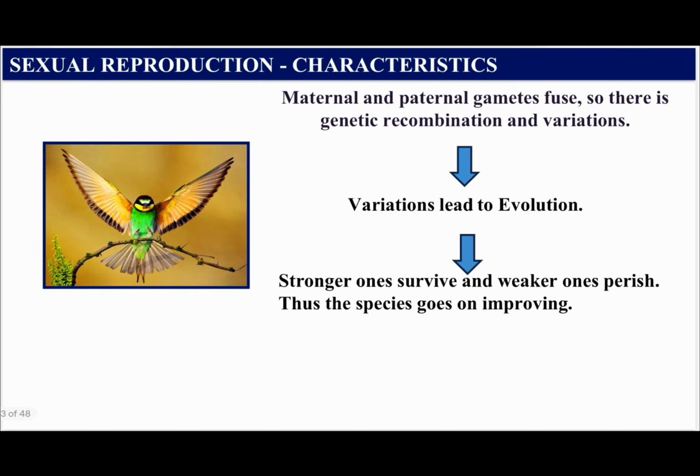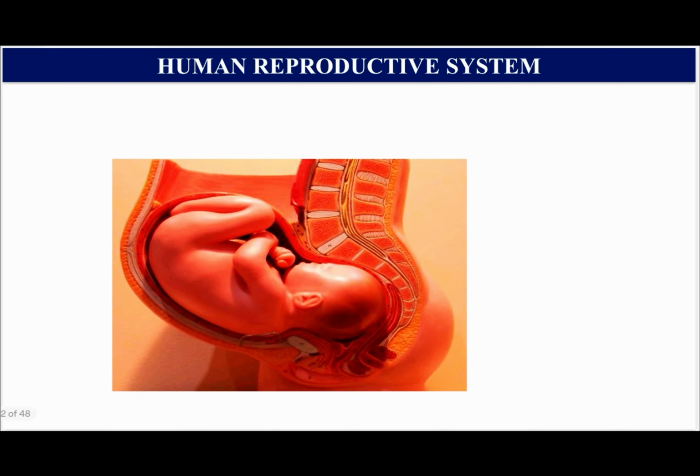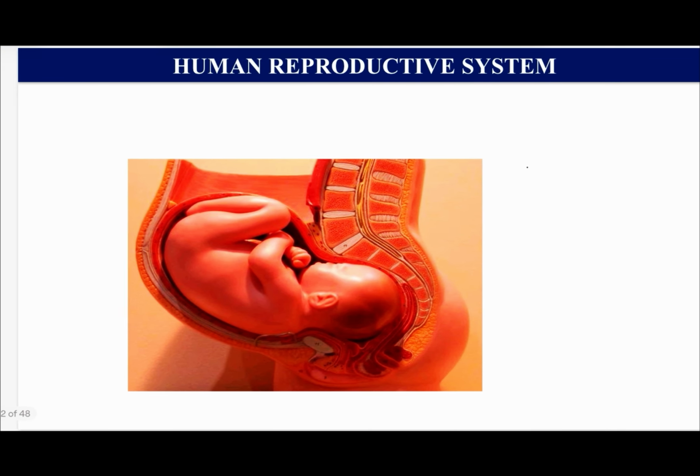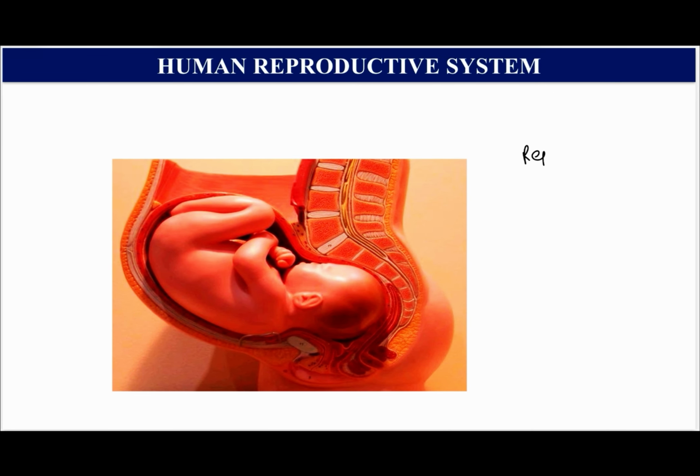So before going to the main topic, we have to first learn the introduction. What is reproduction? The formation of new offspring from its parents is called reproduction. Now, reproduction can be of two types. One is asexual mode of reproduction, second is sexual mode of reproduction.